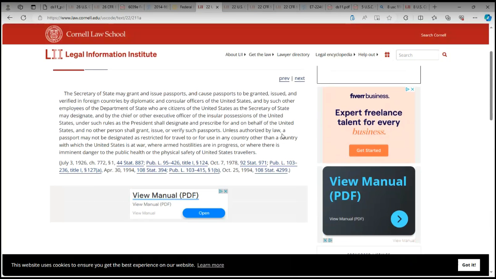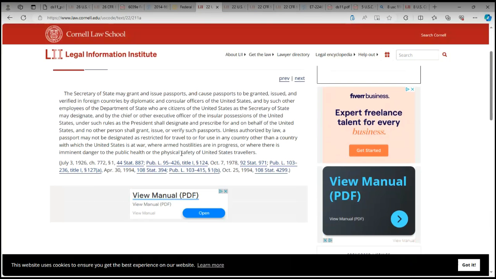Unless authorized by law, a passport may not be designated as restricted for travel to or for use in any country other than a country with which the United States is at war, where armed hostilities are in progress, or where there is imminent danger to the public health or the physical safety of United States travelers.